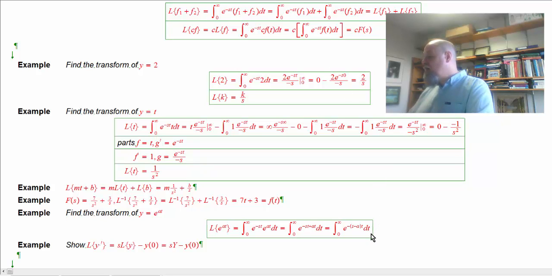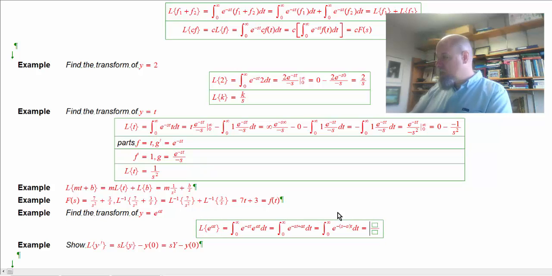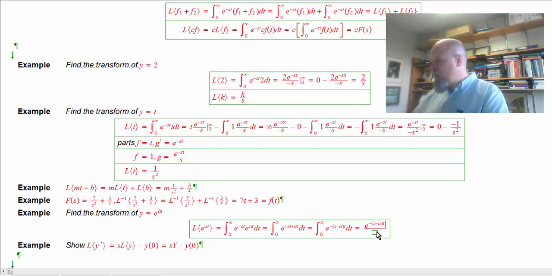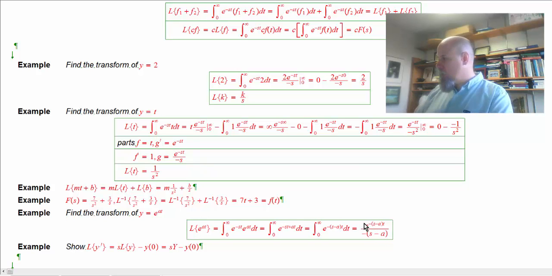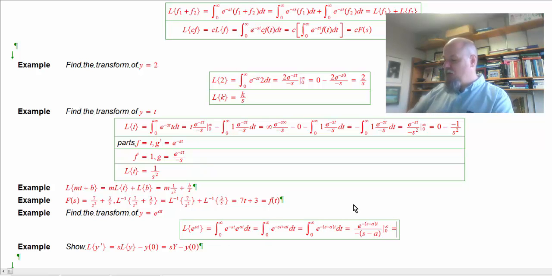Now I can just straight integrate this. Because s is a constant. Well, s is a constant with respect to t. Remember, I'm integrating with respect to t. I'm in the real world. And I still have to go sub in the top minus sub in the bottom. Those are t's.